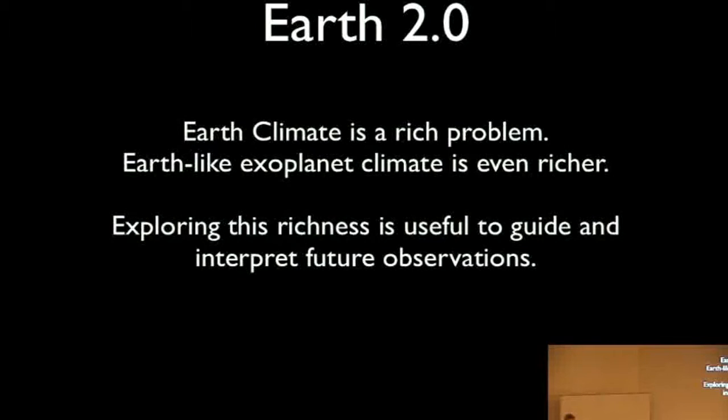And if anything, this might be a good guide as to what we might find in terms of habitable or non-habitable planets when we start discovering and characterizing more of these Earth-like planets around M dwarfs, which are a priority of astronomers in terms of searches.